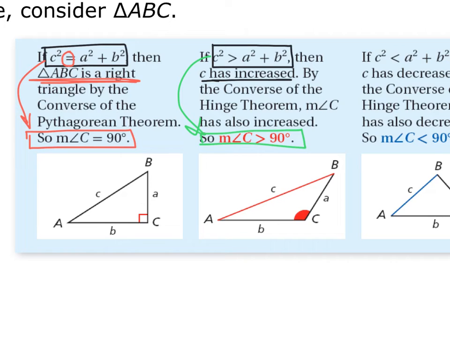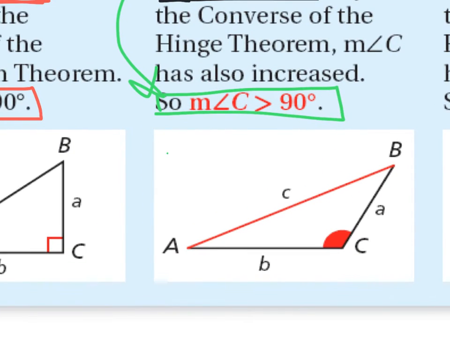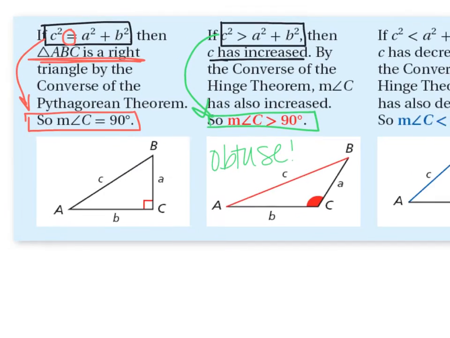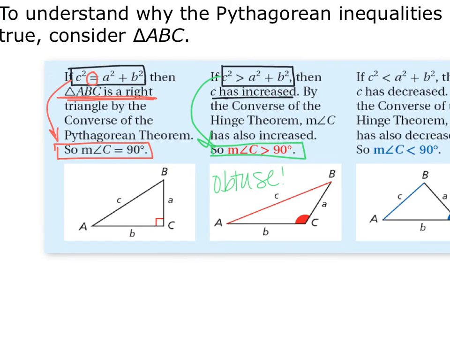So then we have an obtuse triangle. Notice here that if side c gets longer, the angle across from side c is angle C. So if side c gets longer, then angle C has to get bigger.